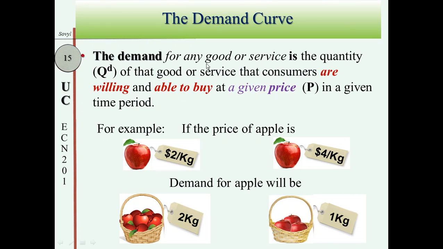That's why demand for apple refers to the quantity of apple that I want to buy and I can buy at any given price, $2 or $4, and any given period of time, maybe this month or next month, this week or next week.